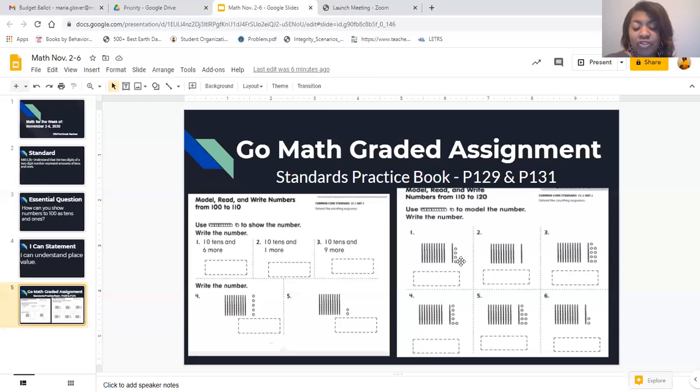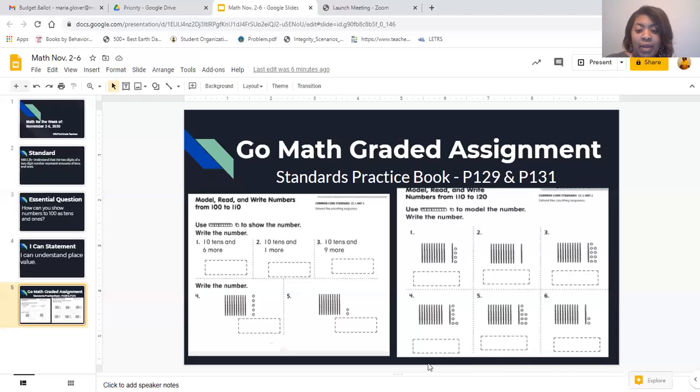So that is 114. Now, of course, your first grader will drag and drop whatever the number is in the correct space for all of these.